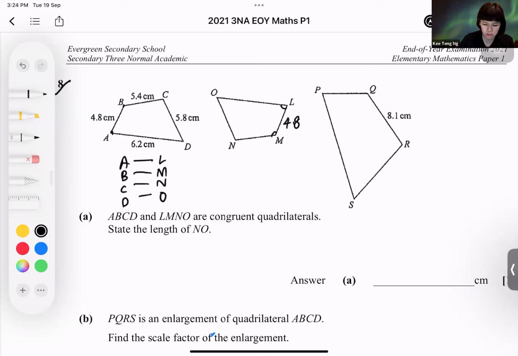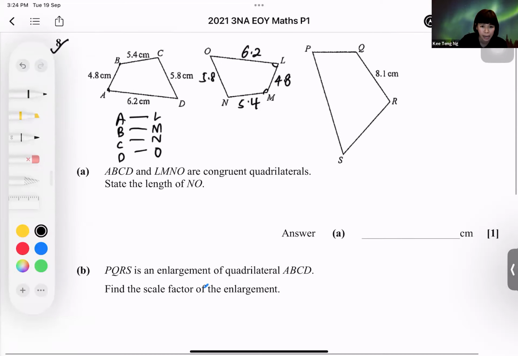C, B to C, so this one over here, 5.4. N, O, C, and then D, 5.8. 5.4, 5.8. Then last but not least, this one, 6.2 cm. Okay, so match them. They are congruent. Congruent means exactly the same shape, same size, same length, same angle. Find the length of NO, so that will be easy, 5.8 cm.